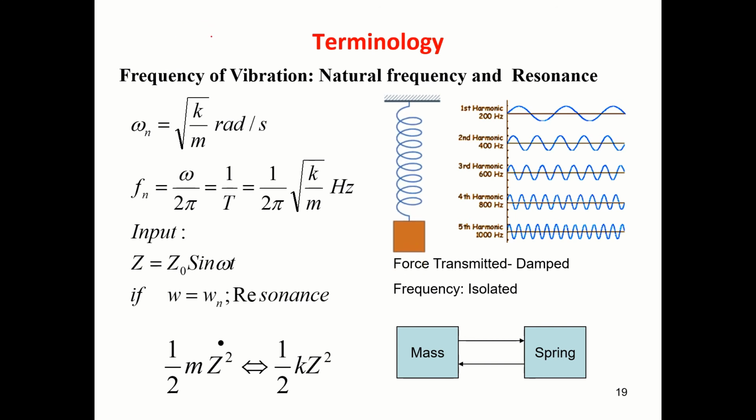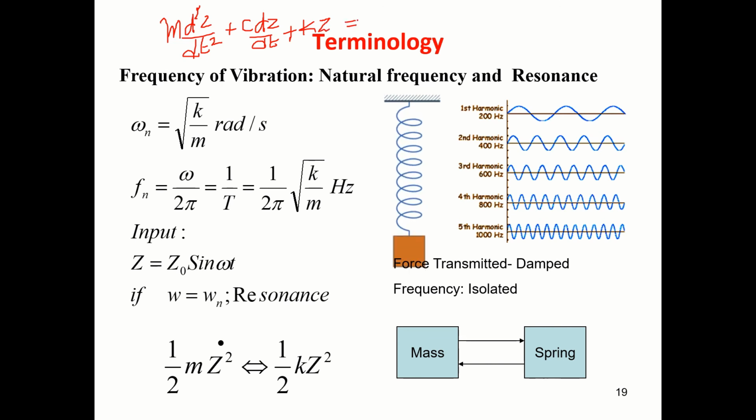During its bounce motion, that is vertical motion, the differential equation we can write as m d²z/dt² plus c dz/dt, that is damping force, plus kz, spring force, equal to an excitation force. That excitation force comes from the road.